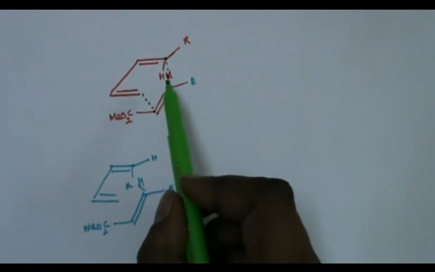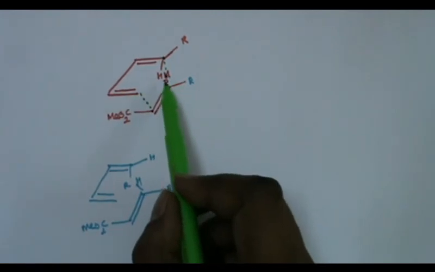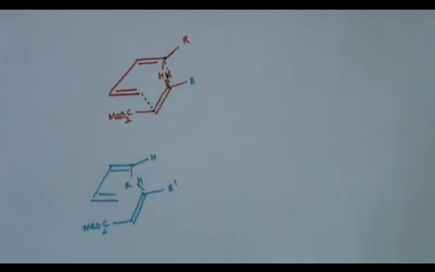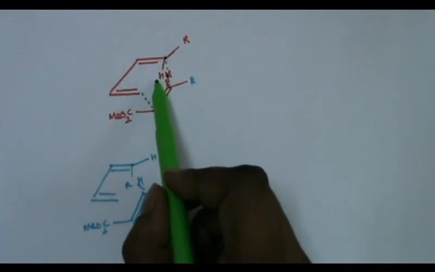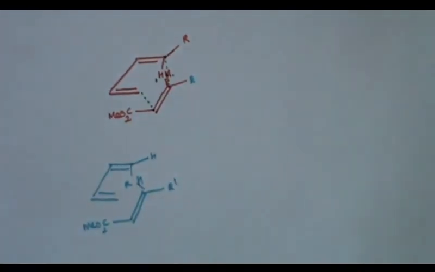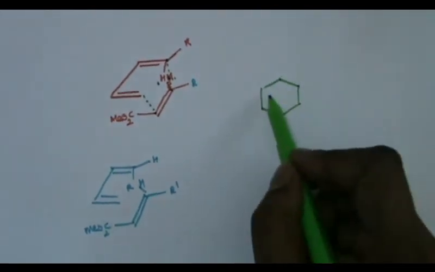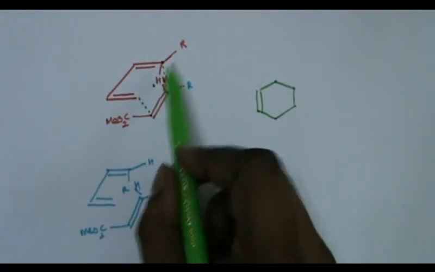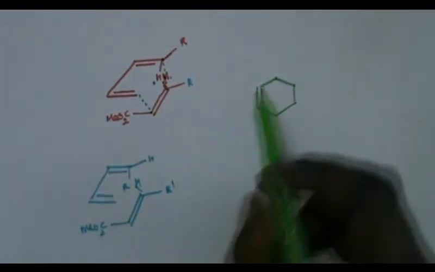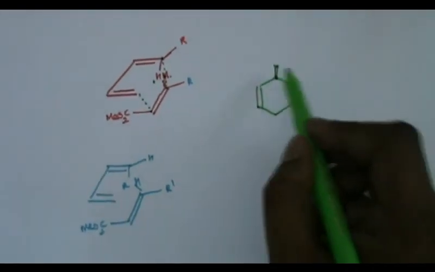So, you can clearly see in this transition state that this hydrogen and this hydrogen, they are trans. So in the product, whatever I get, if they are trans, then this also should be trans.